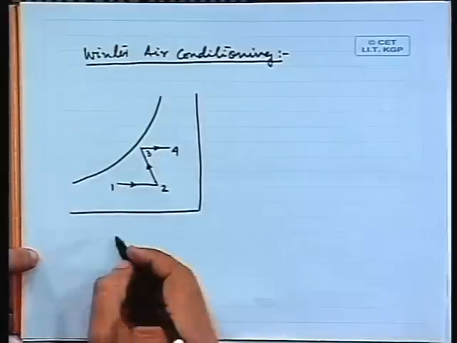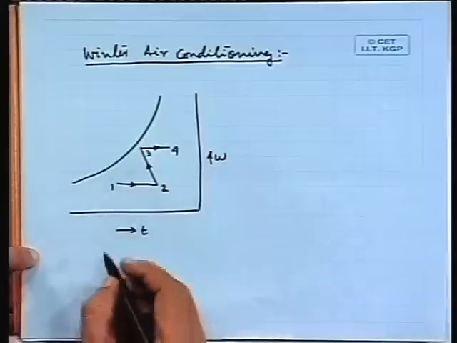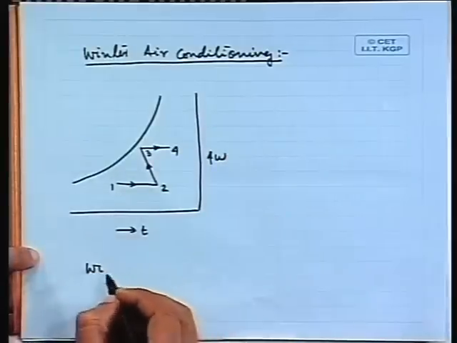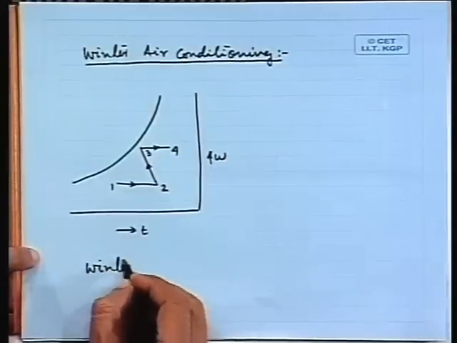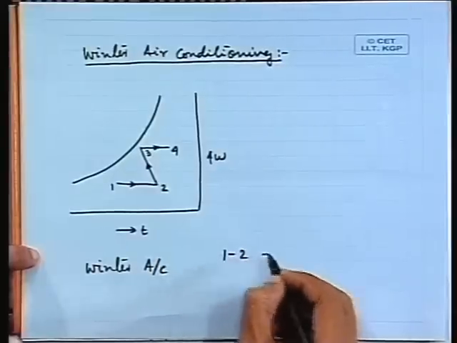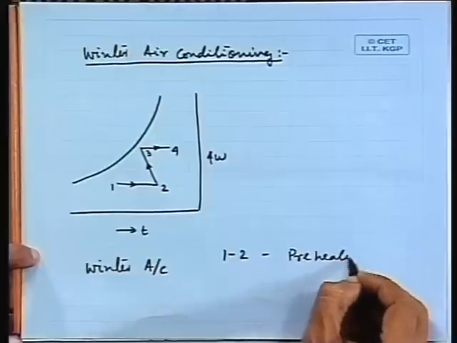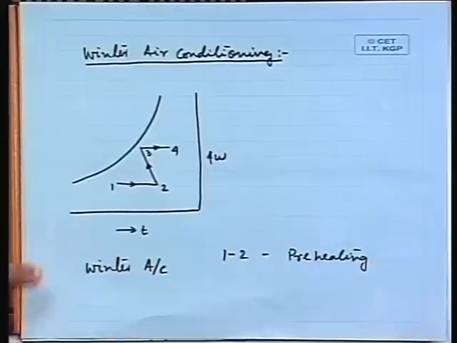This side is T, this side is W. So, winter air conditioning, 1 to 2 is called preheating. Generally, if any heating is there before evaporation or condensation, we call it preheating.